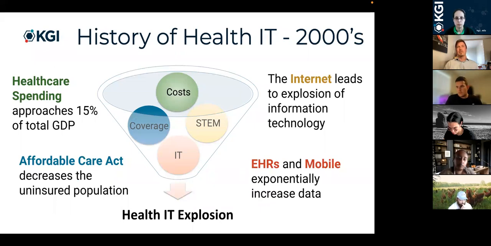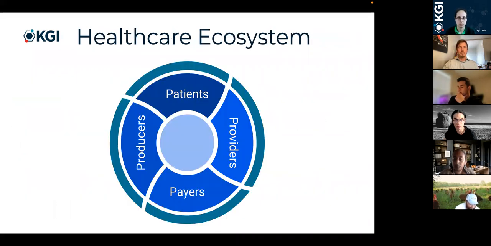And so that's leading to an influx of talent of people trying to solve some of these health IT problems. And then electronic health records and mobile have exponentially increased the amount of data available to be processed and analyzed through health IT.